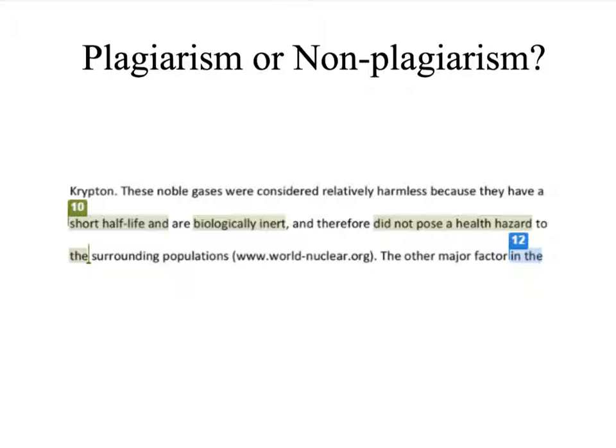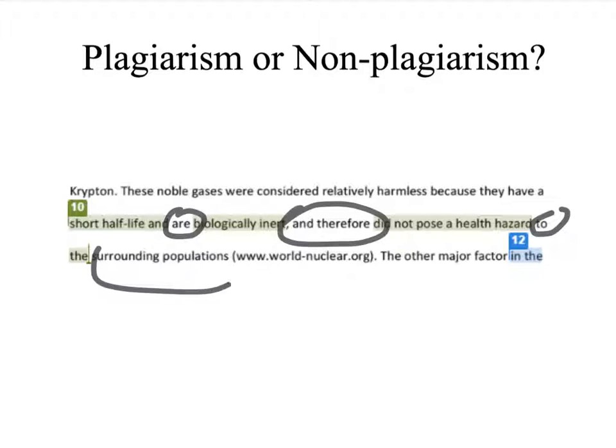We see that this particular highlighted area is broken up with a couple of words here and there. Okay, so now, is this word for word plagiarism? No, it is not, because the student has put in some effort to paraphrase this particular sentence, but they have not done such a good job.